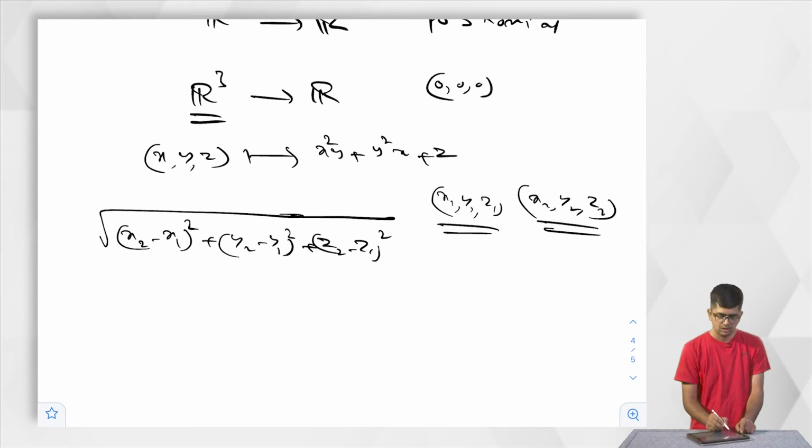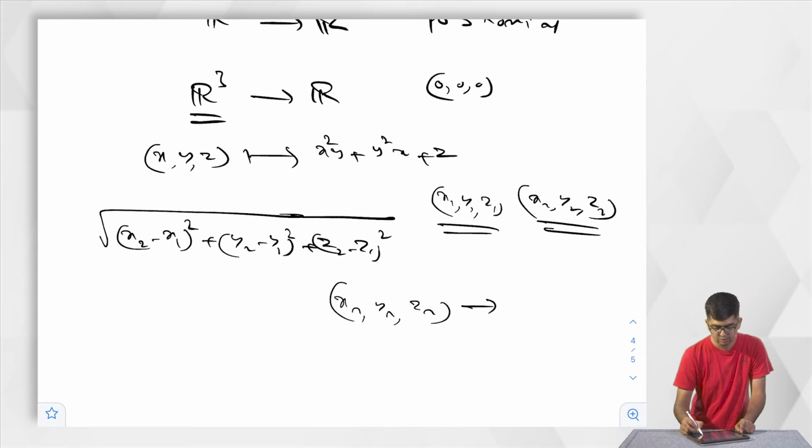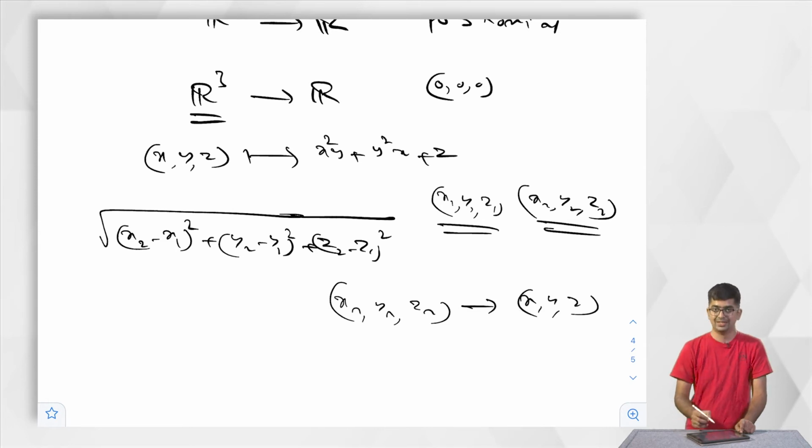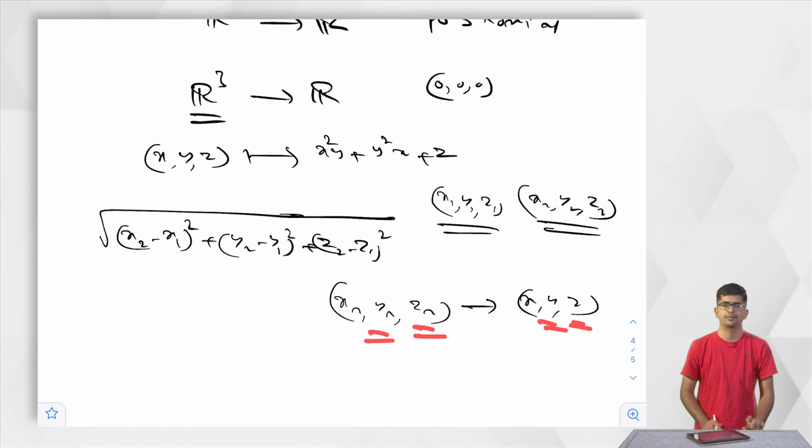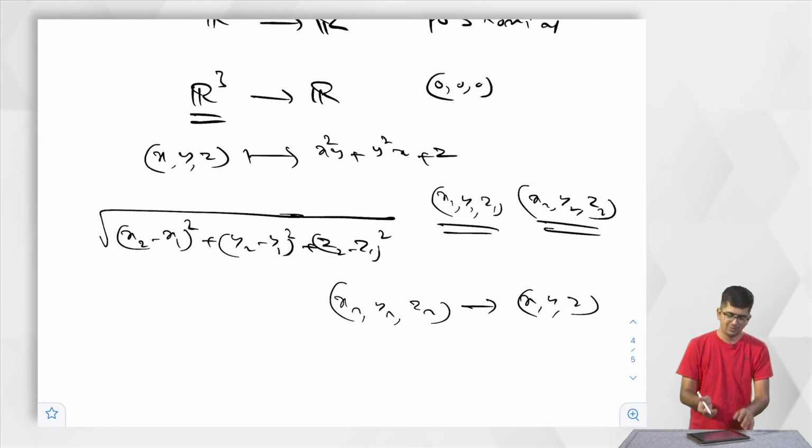Now the same idea says, suppose a sequence (xn, yn, zn) is converging to (x, y, z), then xn converges to x in R with the usual metric, yn converges to y, zn converges to z. Now again, what does it boil down to?